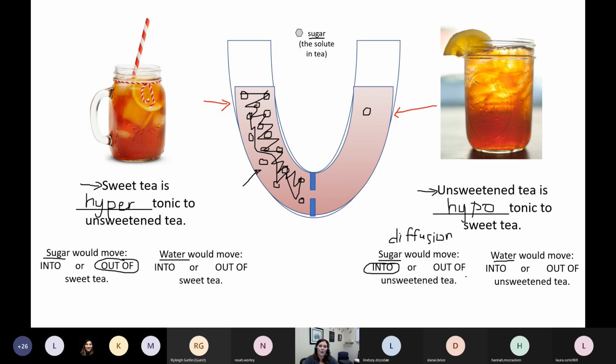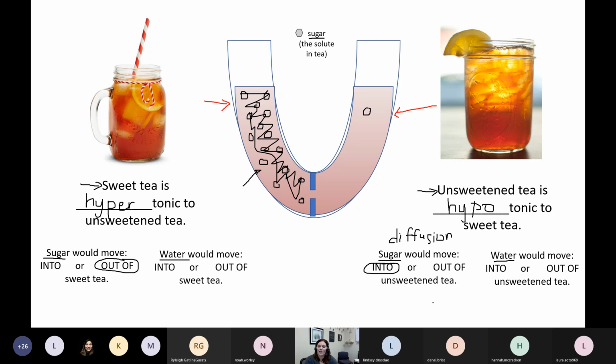When we talk about the way that water moves, you can consider that water is going from a place where it always bumps into other water molecules, or where I have a lot of water, into where I don't have as much water. So into the side where when water molecules are bouncing around in the tube, they're more likely to bump into a solute, a dissolved thing.